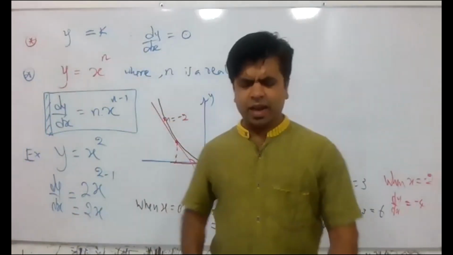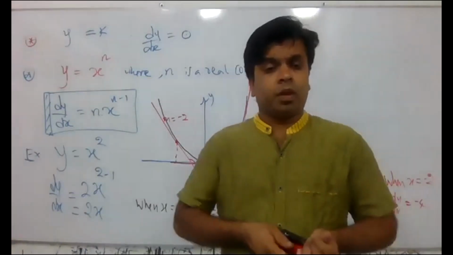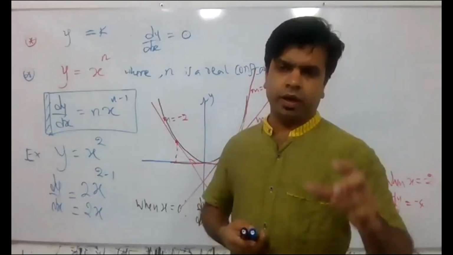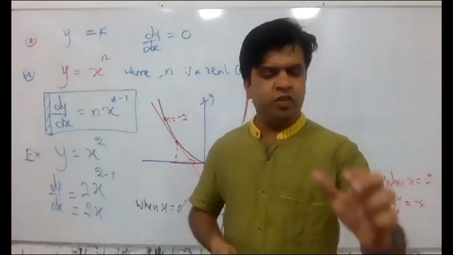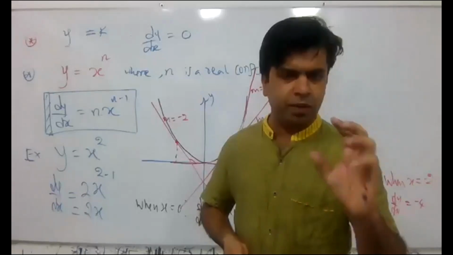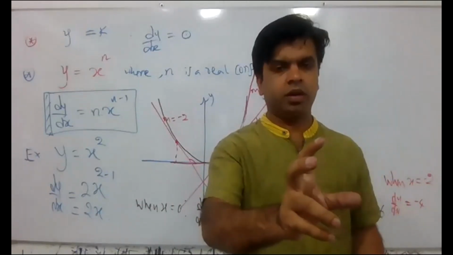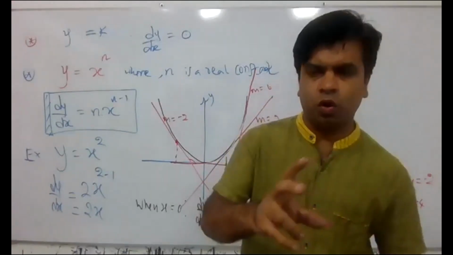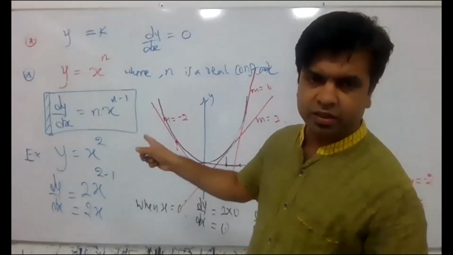Understand at the beginning itself: if you are given a function, finding dy by dx means we find the gradient function first. The gradient function is also in terms of x. Why is it in terms of x?